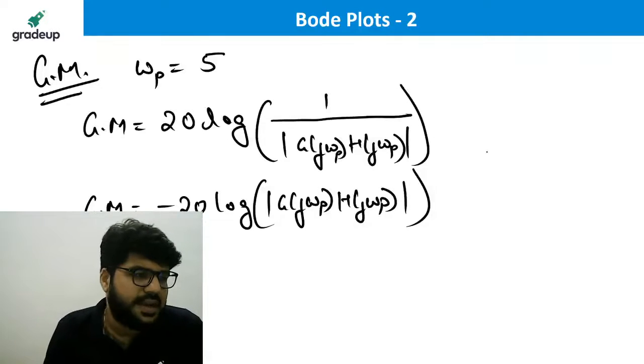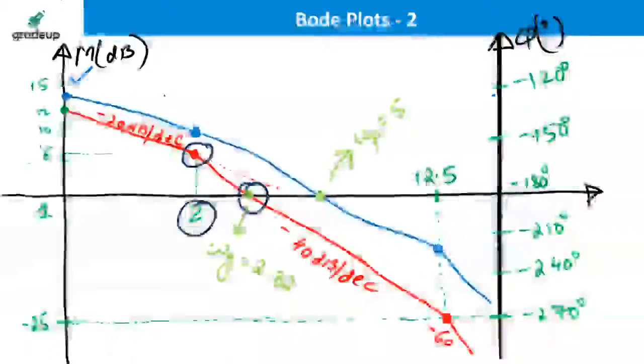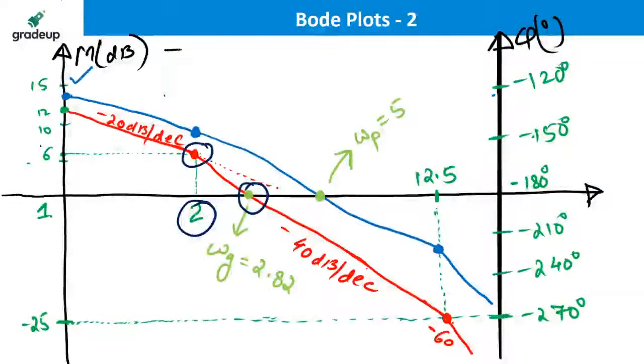Log 1 by x is minus log x, and that means this gain margin is equal to minus, what is 20 log mod G(j omega) H(j omega)? It is the magnitude in the Bode plot. We have talked many times that when I say magnitude in the Bode plot, it is 20 log mod G(j omega) H(j omega), right?